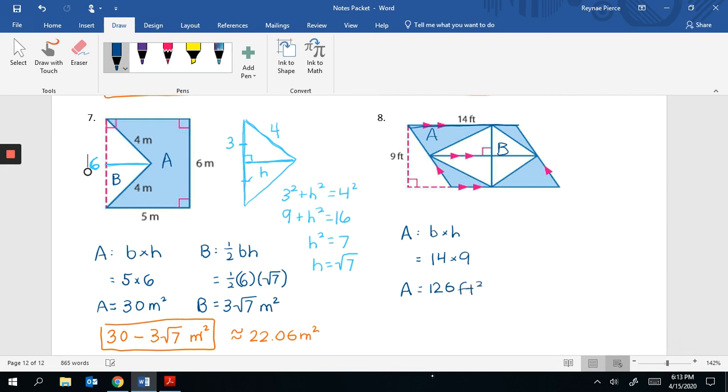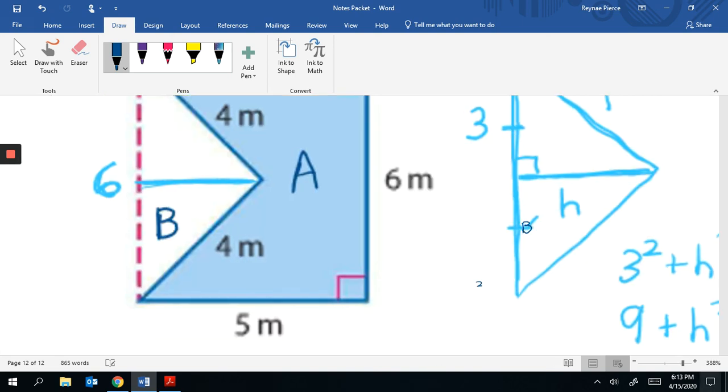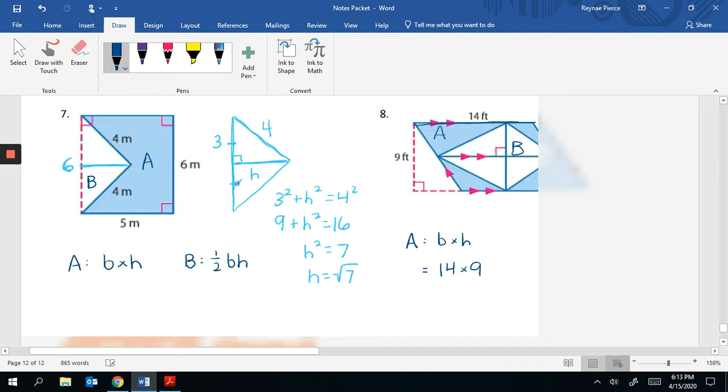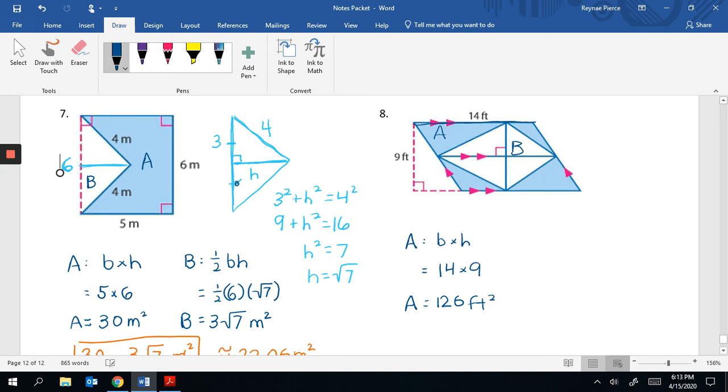Okay. Yikes, that got really big. Okay. Area of a kite. We multiply the lengths of the 2 diagonals and then divide by 2. Okay. So one diagonal is the same as the width of this parallelogram, which is 14.